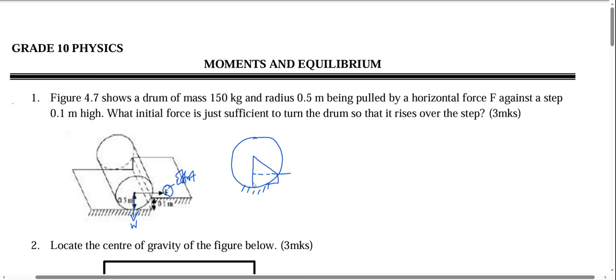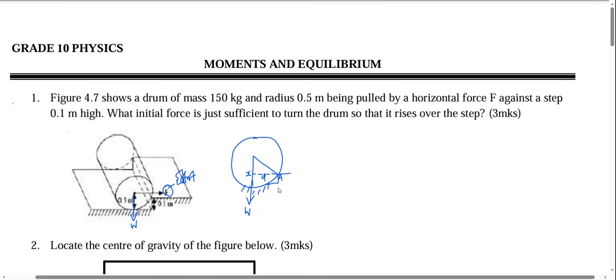Therefore, weight is acting downwards. On which distance? The distance is from the turning point A to this point X here. So this distance D is the distance in which the weight is acting along.